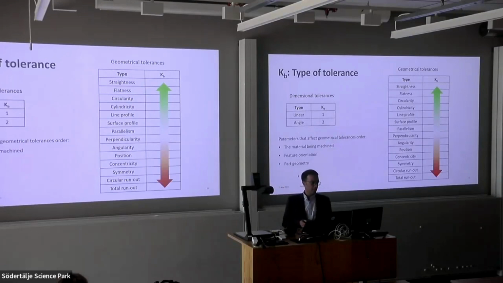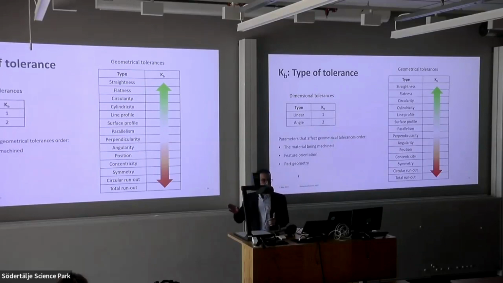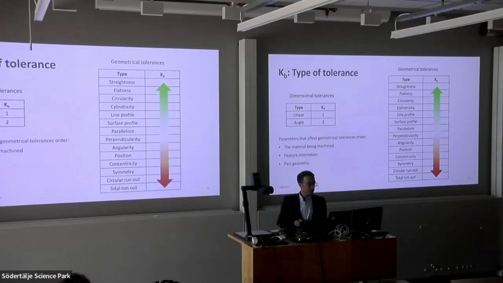When we have dimensional tolerances, we have linear or angular tolerances, and when we face geometrical tolerances, we have different parameters. Here, you have to assign values based on your part and your experience. For example, when you are producing a thin axisymmetric part, like a ring gear, maybe the circularity would be more challenging for you than if you produce a box.